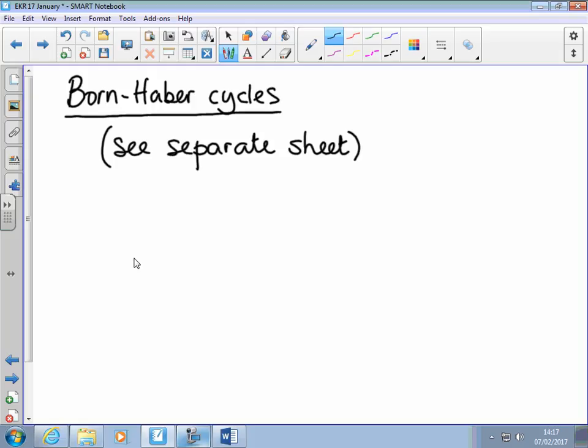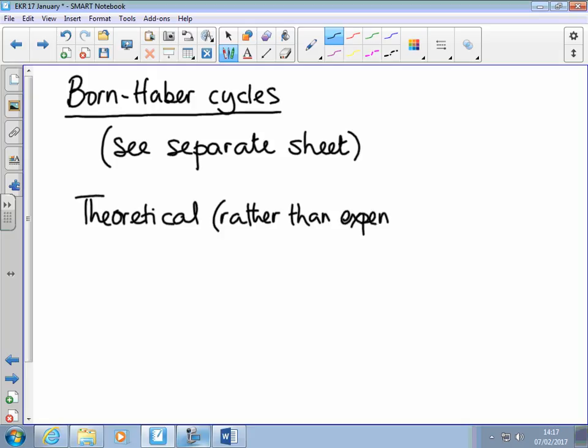Now, these ones are very much about the experimental things that can be measured, although I'm not entirely sure how. But it is just worth mentioning the theoretical values rather than experimental values.